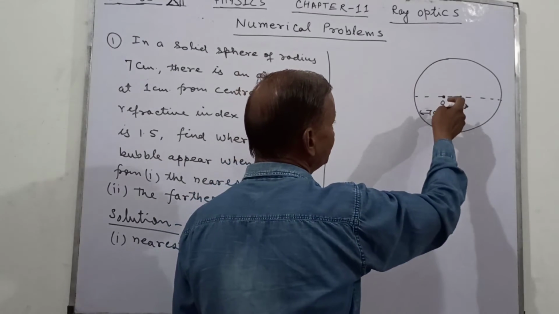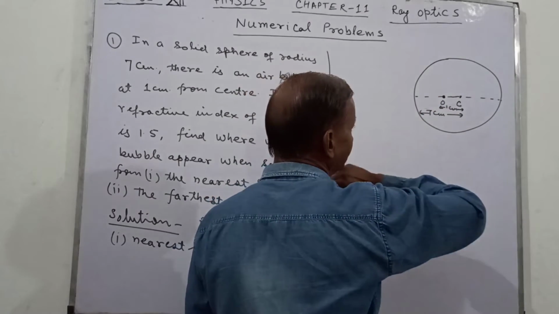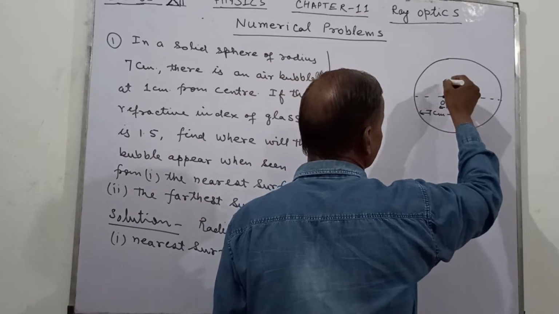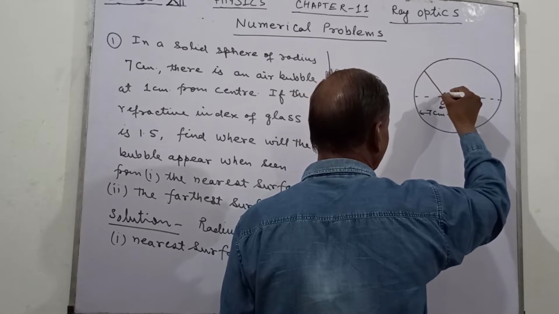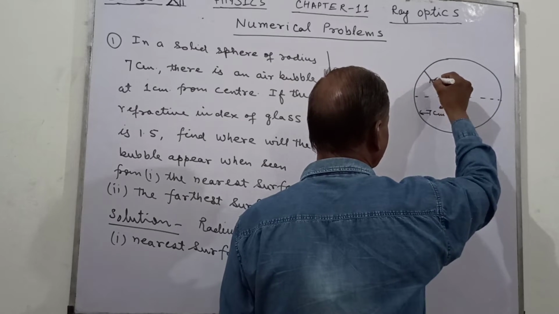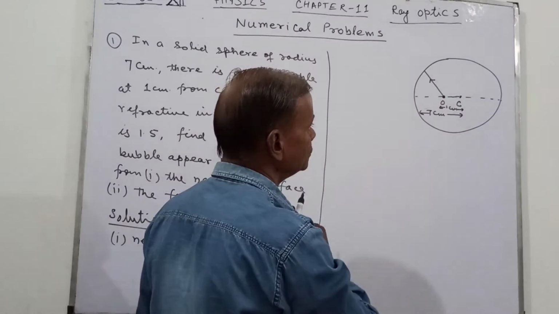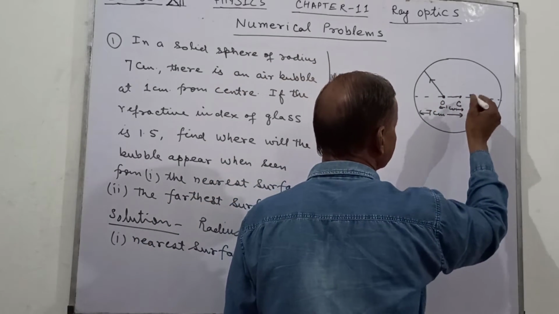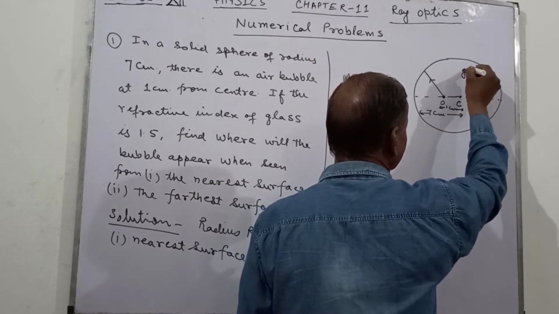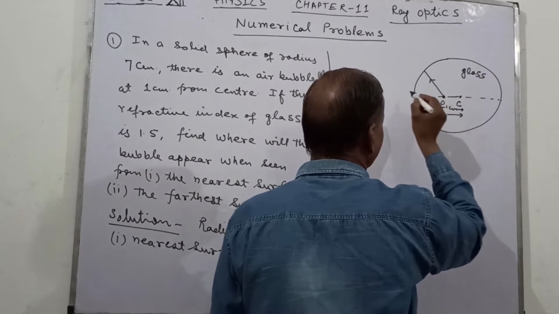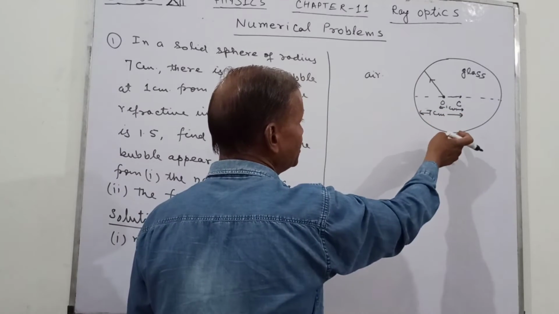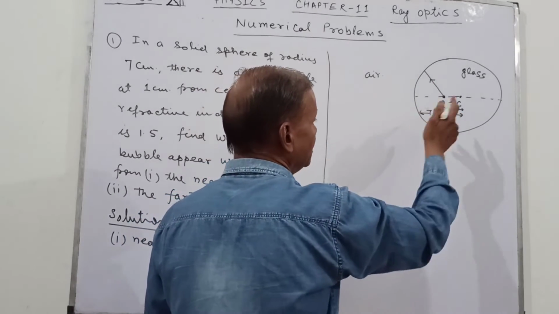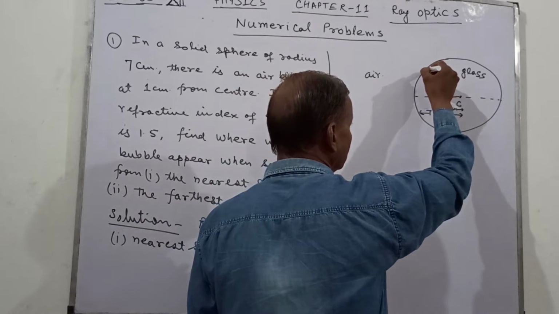Now somebody is looking at this bubble from here. Then the light ray will move from the object, which is in glass, to air. So the light ray is going from glass to air. This will be the normal.